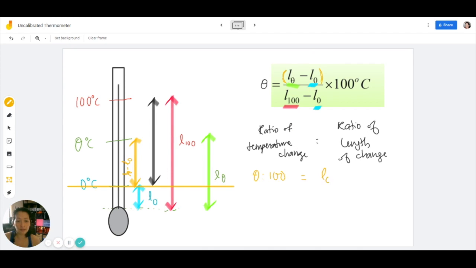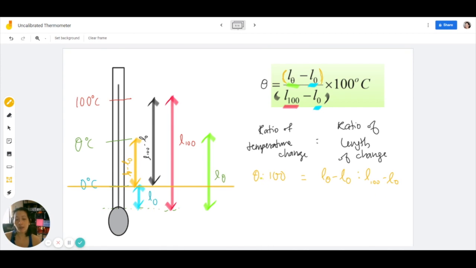So the L theta minus L0, and compare this ratio to this black line. Let's put it here this way. L100 to L0 is what? It's actually L100 minus L0. Can you see? So this is actually L100 minus L0. And that's how we get this equation at the bottom of the fraction. And that's where we get L100 minus L0.